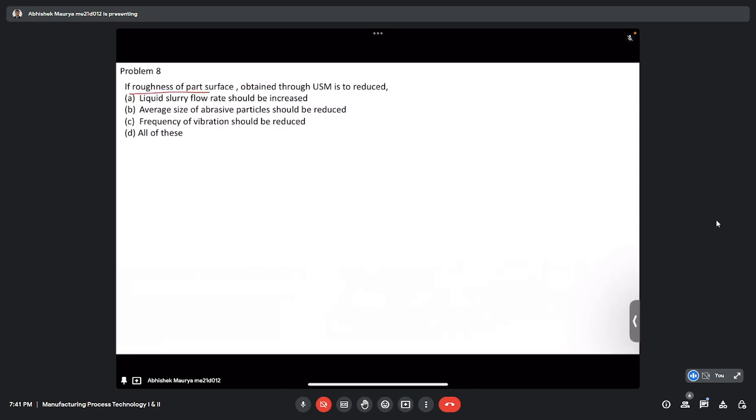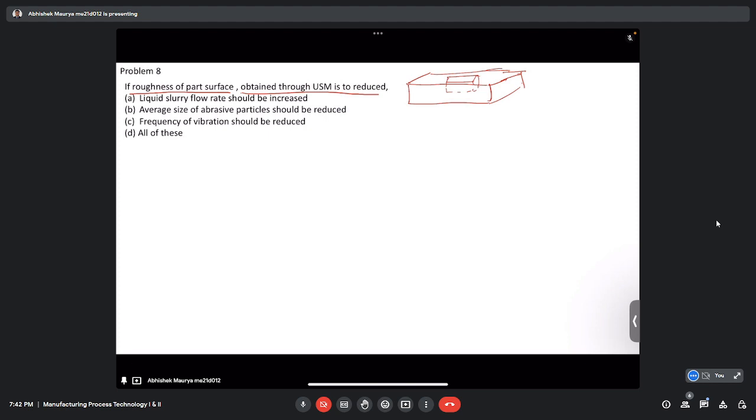What has been asked in the problem? If the roughness of the part surface obtained through USM is reduced, so what do we have? Suppose we have a workpiece, something like this, and we have tried to make a square hole over it, or let's say something like this. So we have made a hole something like this.